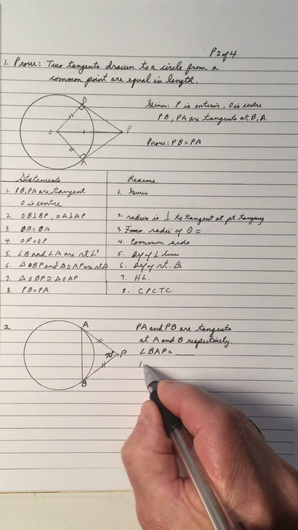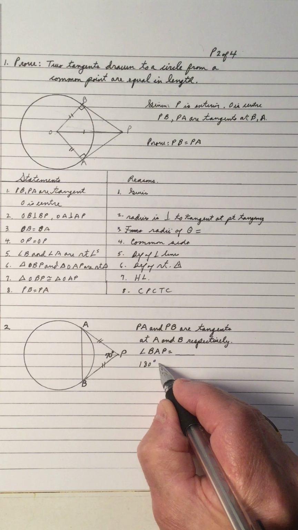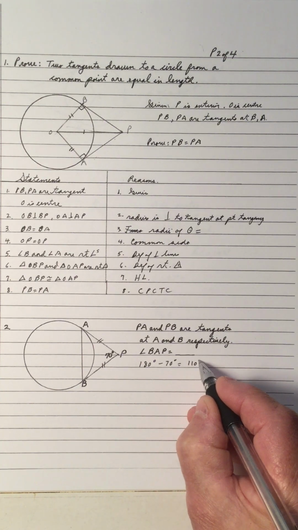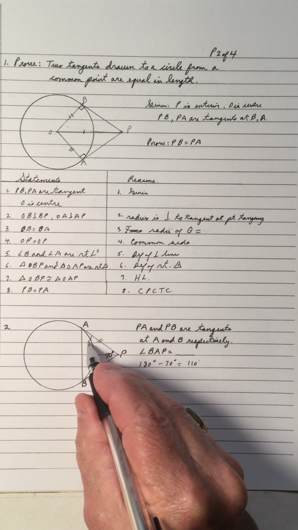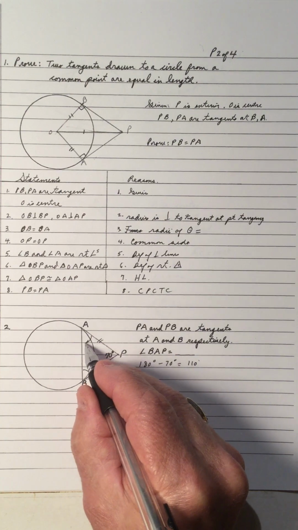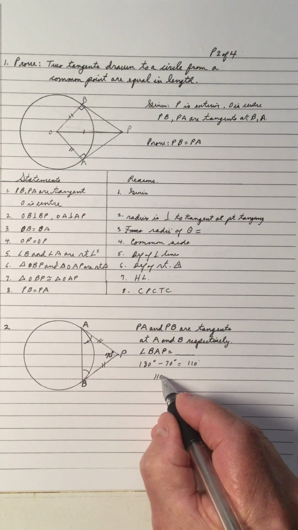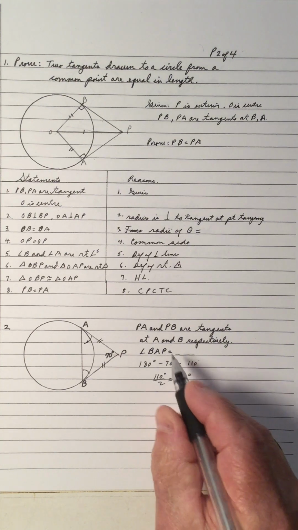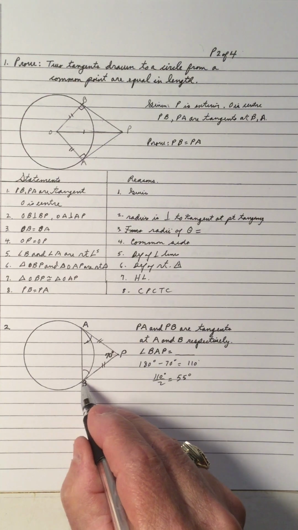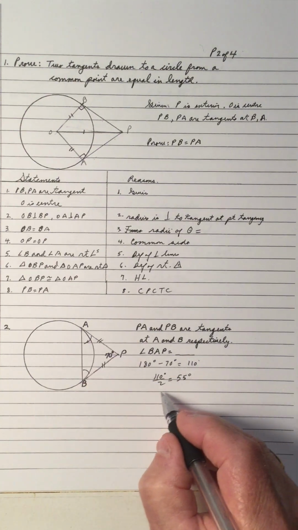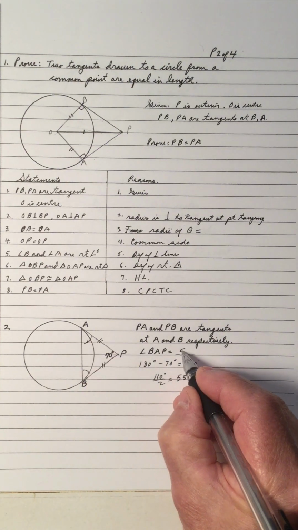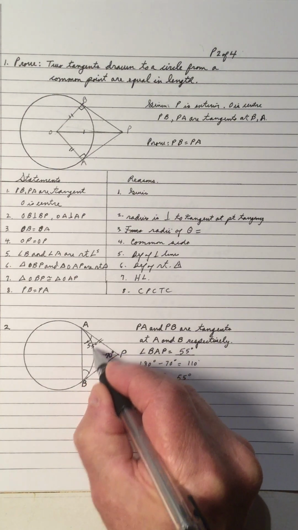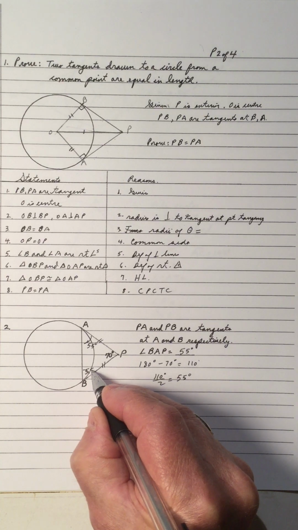So 180 minus 70 equals 110, and these two angles are equal because of the isosceles triangle theorem. So 110 divided by 2 is 55. So angle BAP is 55, and this angle is 55.